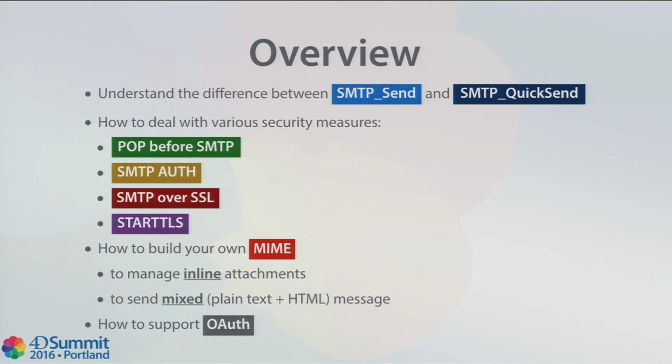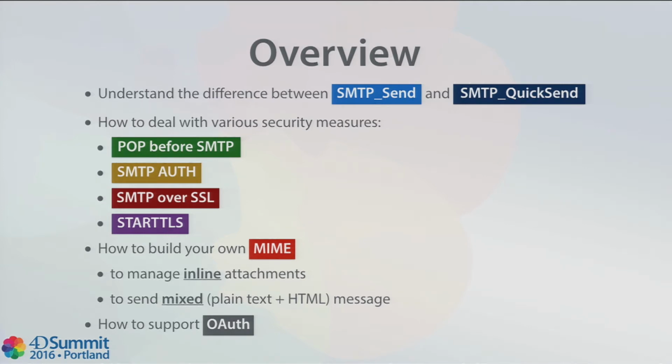Then, in the third part, I'll be talking about MIME, which is the specification underlying the whole email protocol, and how understanding MIME could help you deal with situations where you would not be able to cope with otherwise.